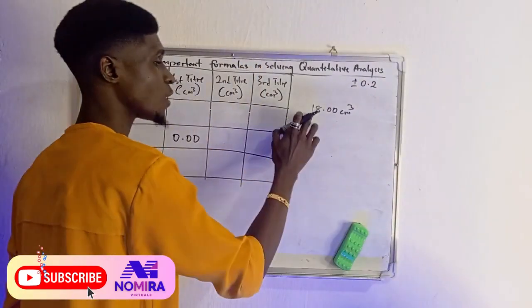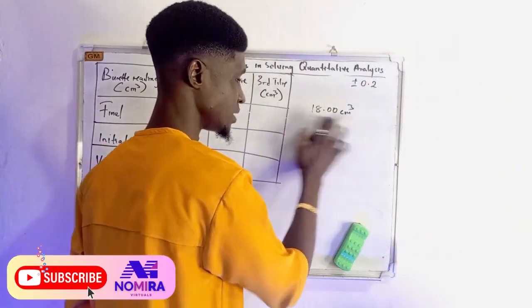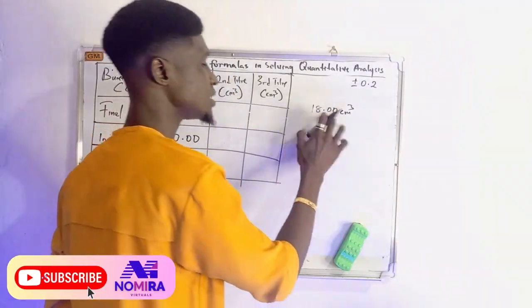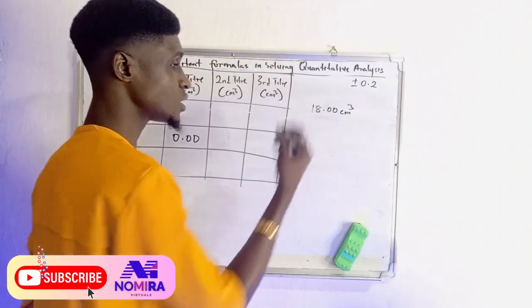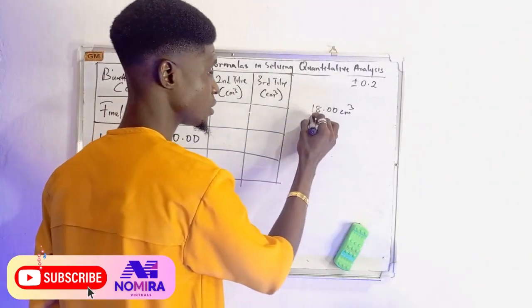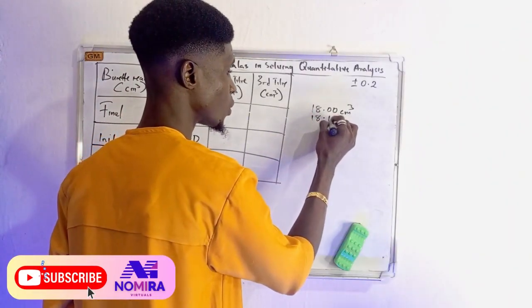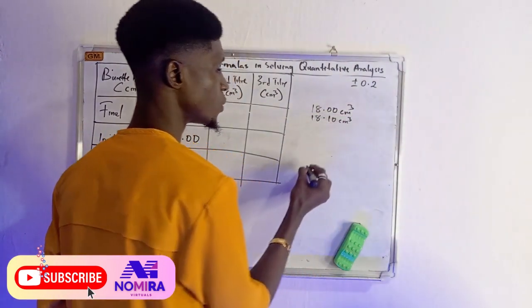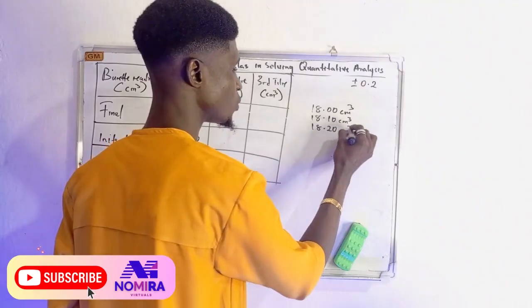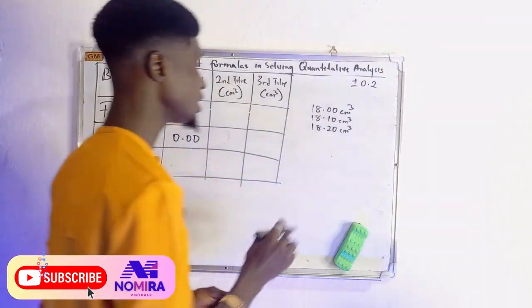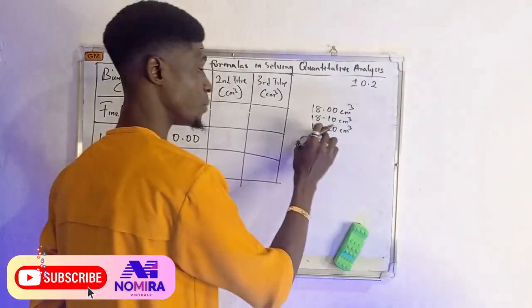In other words, if your answer must be more than this, it should not be more than this by above 0.2. So the proper answer to get should be either 18.10 cm cube or 18.20 cm cube at max. It must not be above this.